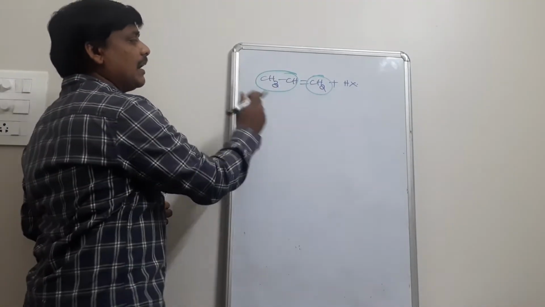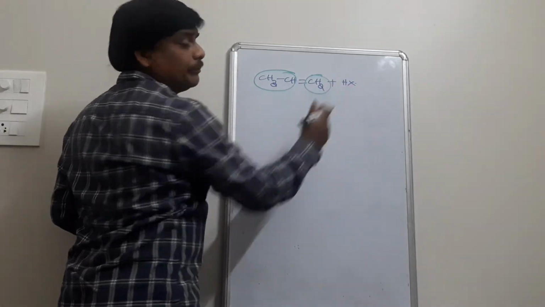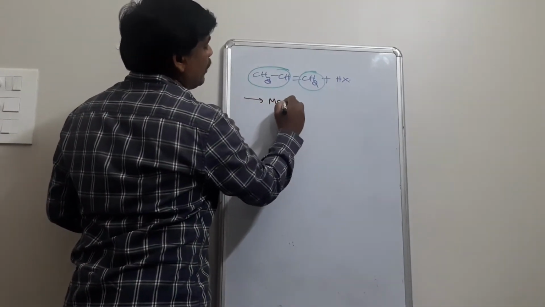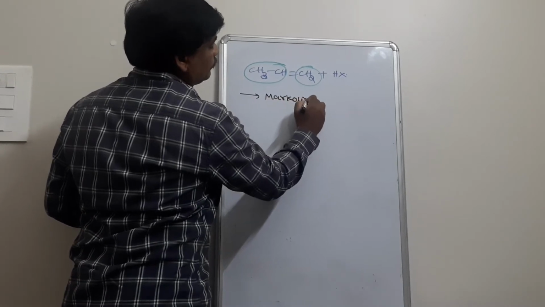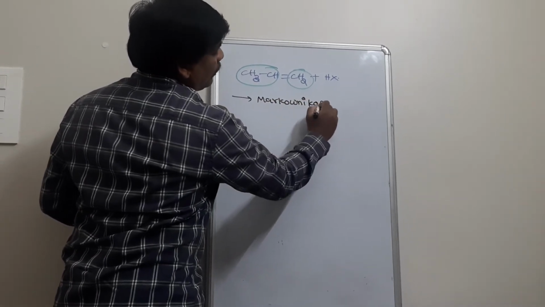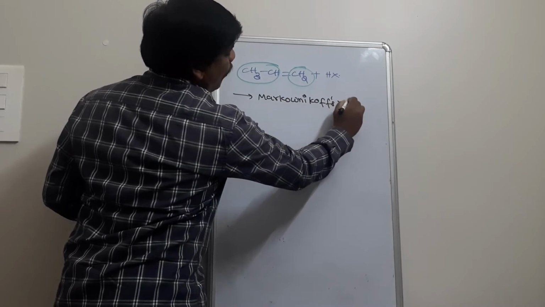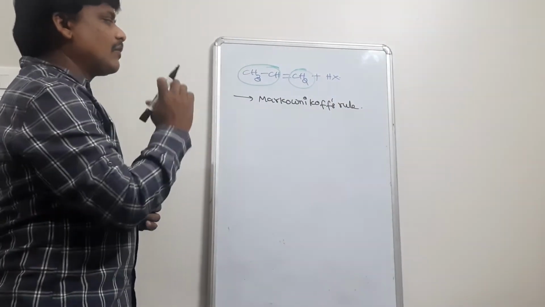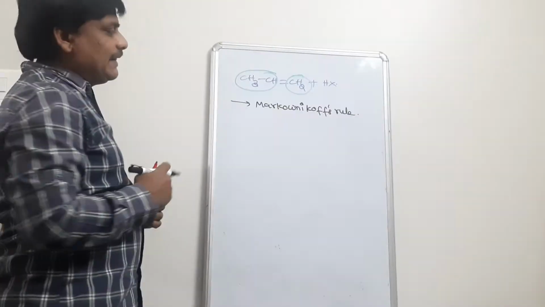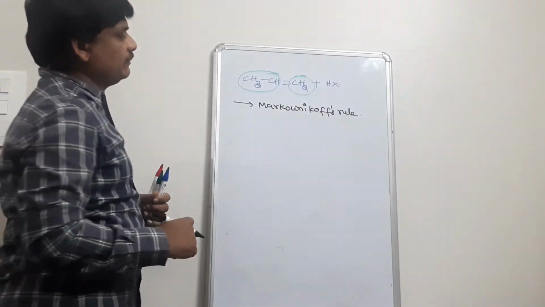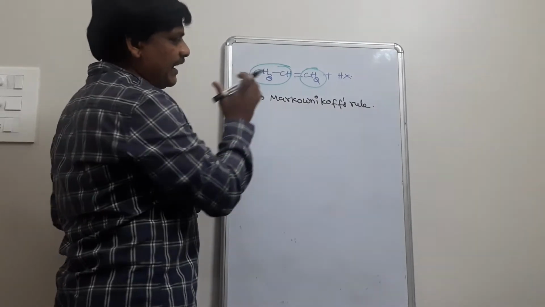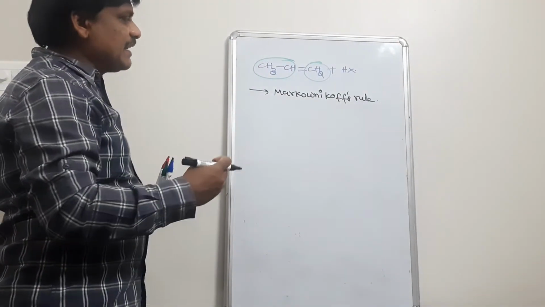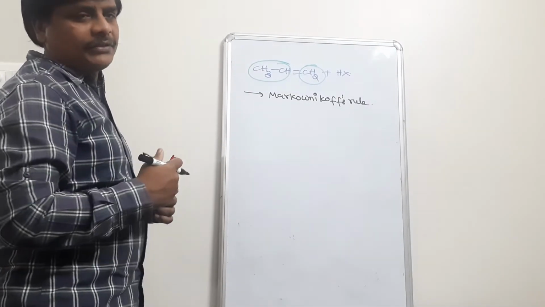When unsymmetrical alkenes are treated with hydrogen halide, this follows Markovnikov's rule. What is Markovnikov's rule? Markovnikov's rule states that the negative part of the reagent adds to the carbon atom which has the least number of hydrogens.